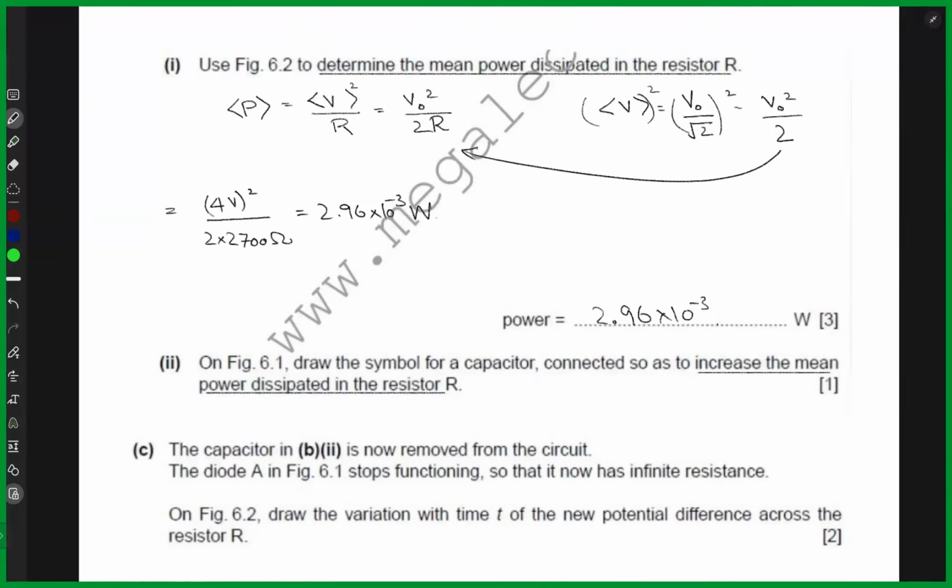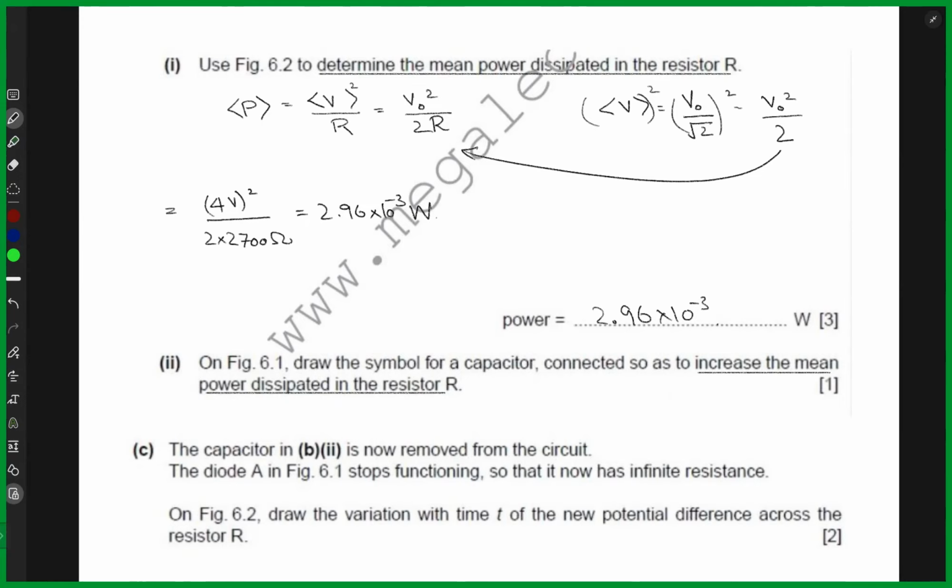So how can we increase mean power? Can you tell me how will the mean power increase? Connecting the capacitor in parallel. Okay, yes, exactly. We'll connect the capacitor in parallel in the circuit, parallel to the resistor R.